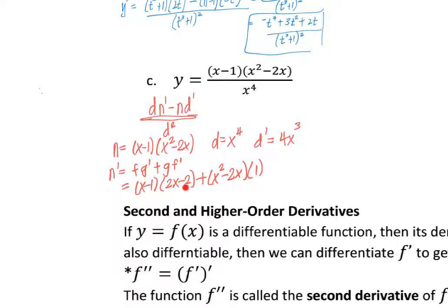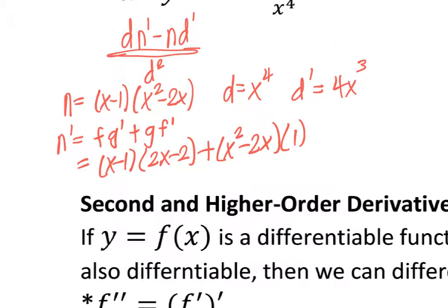What's going to happen right here is I'm going to have to FOIL x minus 1 times 2x minus 2. x times 2x is 2x squared. x times negative 2 is negative 2x. Negative 1 times 2x is negative 2x. Negative 1 times negative 2 is positive 2. And then x squared times 1 is x squared, and then 1 times negative 2x is negative 2x.